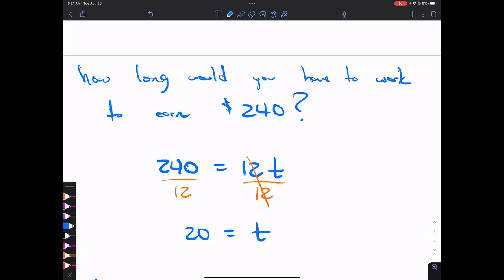Okay, so being a function means not only do you take these two things and pair them up and relate them to each other, but you also do it in such a way that if you work the same number of hours, you get the same amount of pay. You don't work 20 hours one week and get $240, then work 20 hours the next week and get $100.